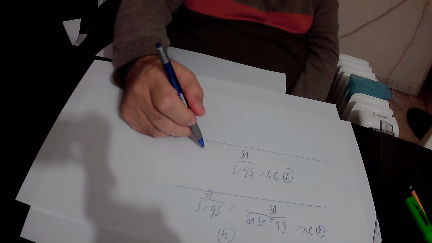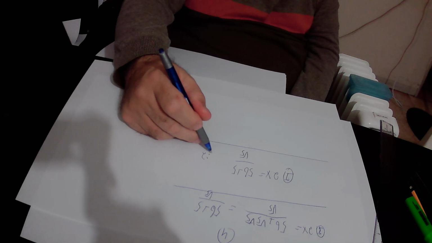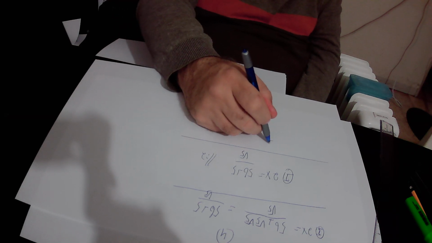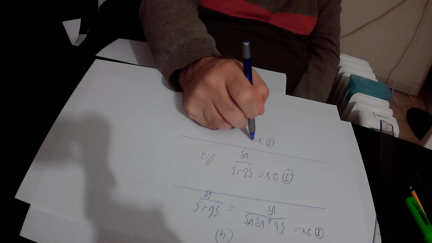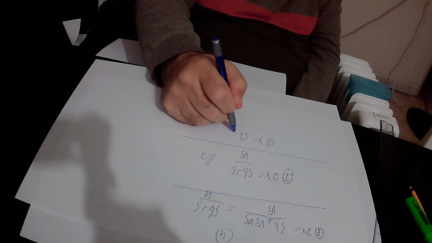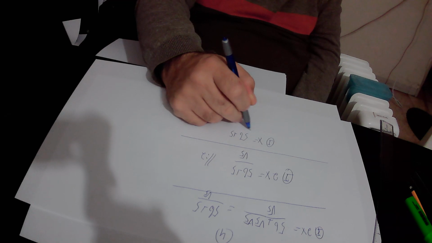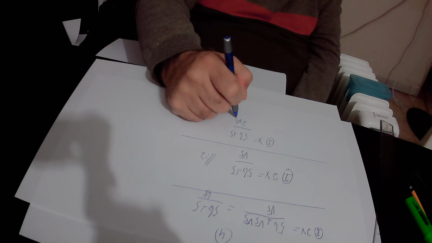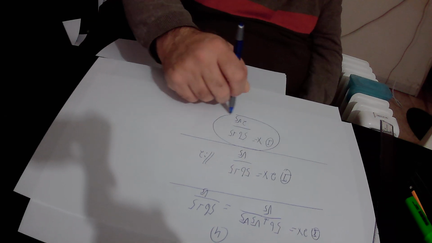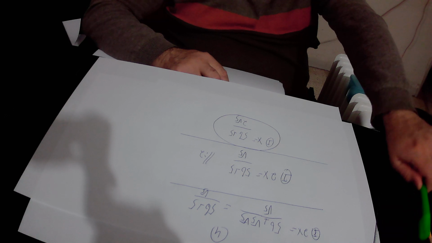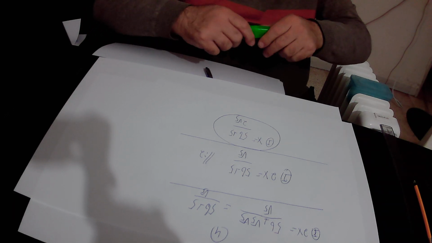Here we divide this equation by 2, and finally we get that x equals 5b plus 5 over 2 times square root of 5. Actually, x is the variable that we are looking for.